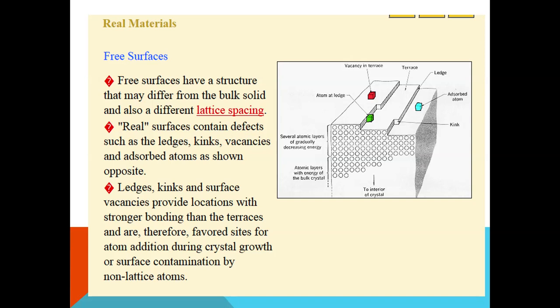Free surfaces have a structure that may differ from the bulk solid, and also a different lattice spacing. This real surface containing ledges, kinks, and surface steps provides locations with stronger bonding than the terraces, and these are therefore favored sites for atom addition during crystal growth or surface contamination by non-lattice atoms.